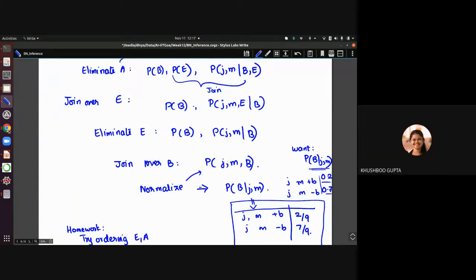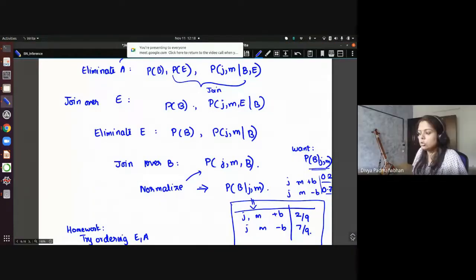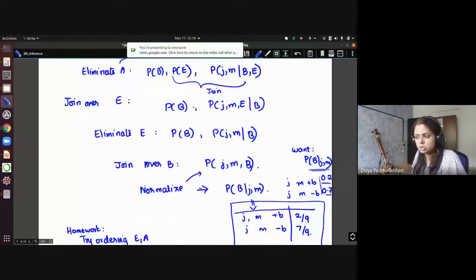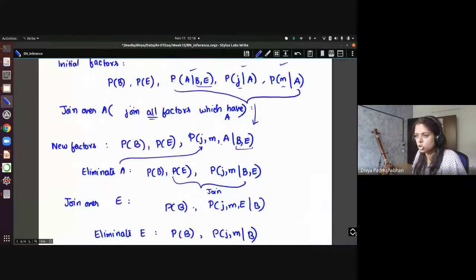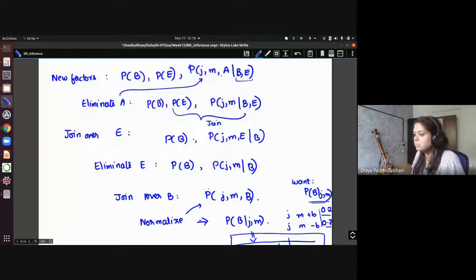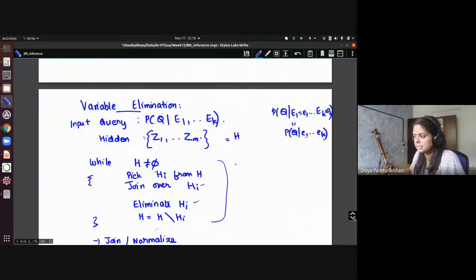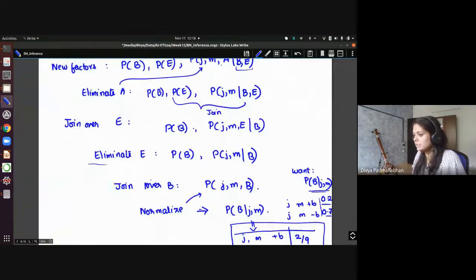Ma'am, could you once explain the normalized part again? Yeah, sure. You get up to this part, all the join and eliminate steps. After you followed whatever was given in the algorithm, what you got was these two tables.